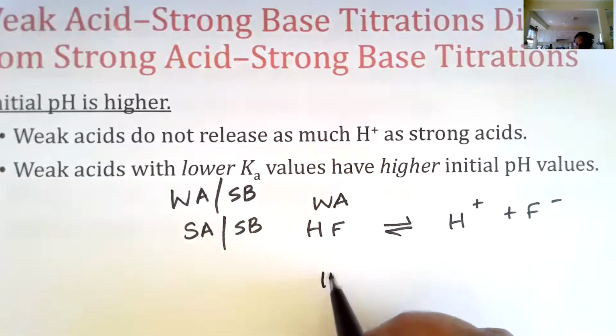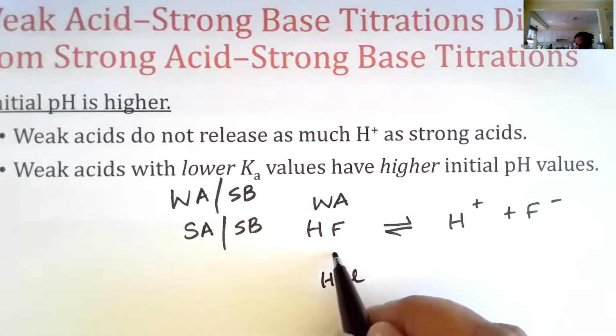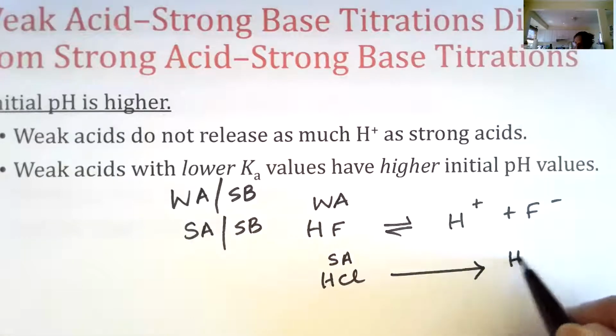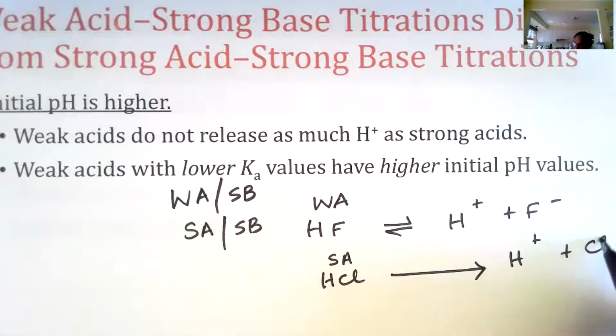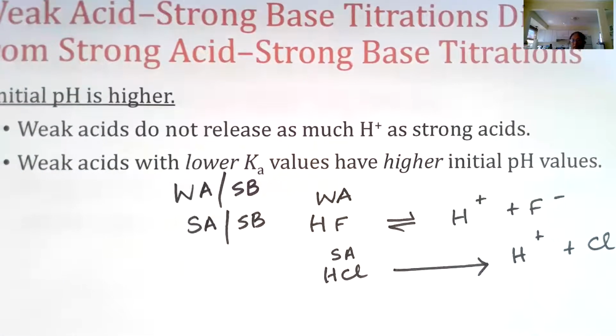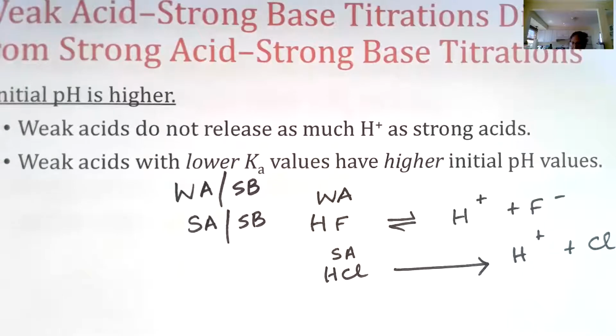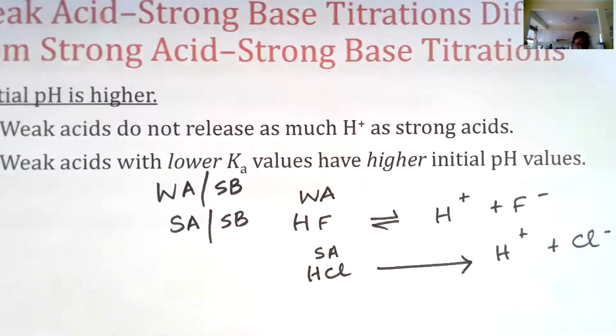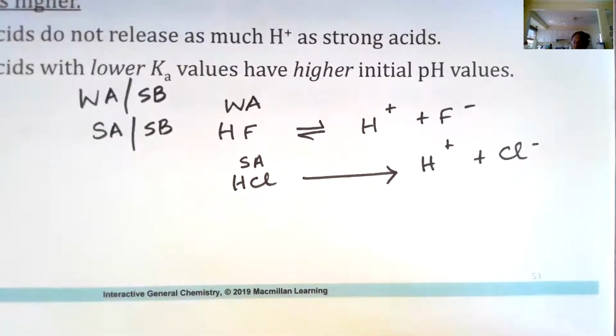On the other hand, if you have a strong acid, it's going to dissociate completely. See that? So at the beginning of the titration, let me bring a graph in here. I'm working on slide 53.